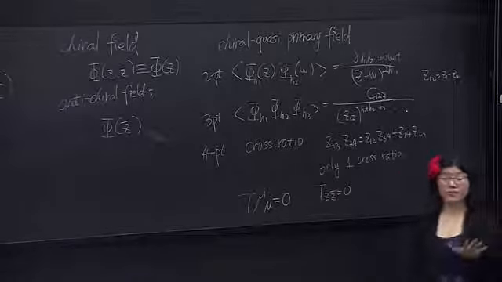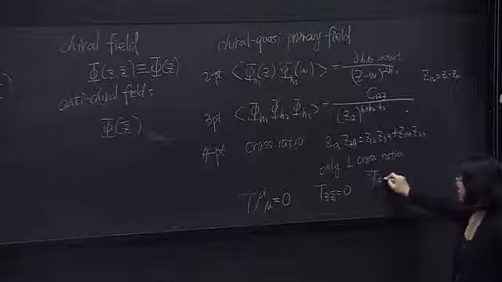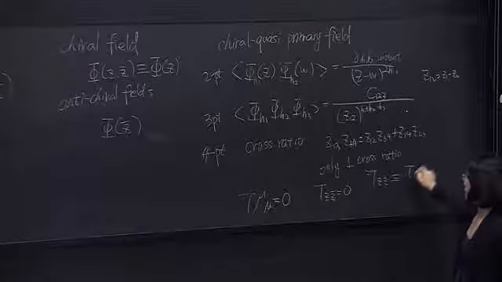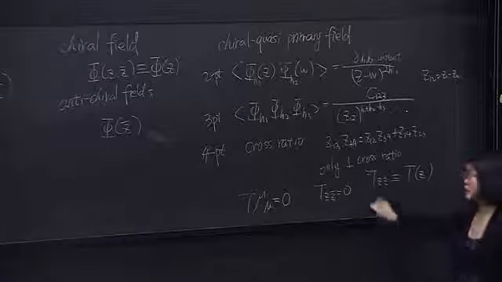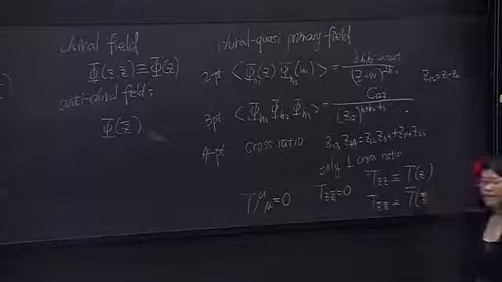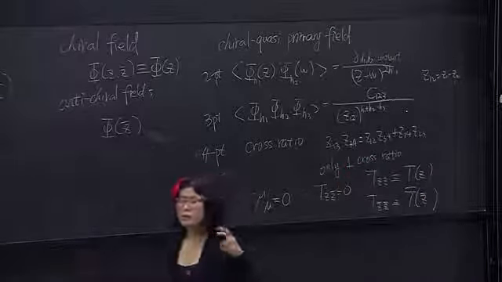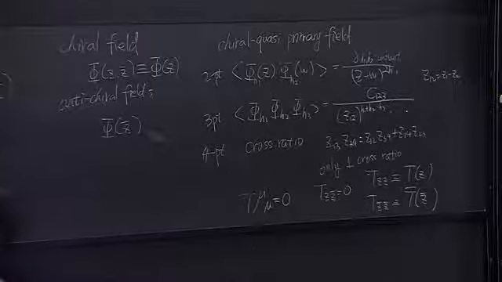And even better than that, if you look at T_{zz}, it only depends on z. If you look at T_{z bar z bar}, it only depends on z bar. So you realize the energy momentum tensor actually has two. Remember that it has 3 entries, one disappeared, and the other two are one chiral field and one anti-chiral field.